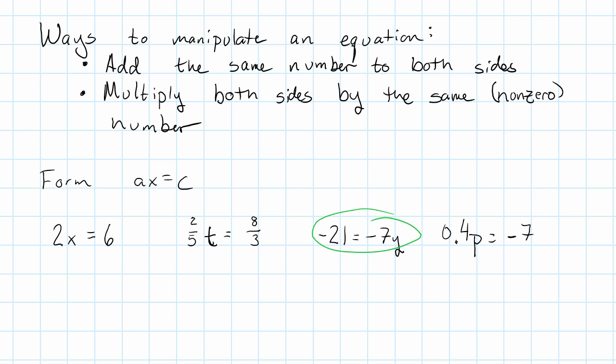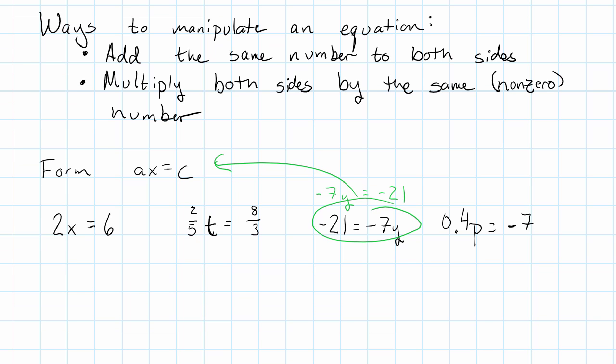Notice, this equation is still of this form by the symmetric property of equality. This means the same as negative 7y equals negative 21. 0.4p equals negative 7. There are all sorts of examples of this form.